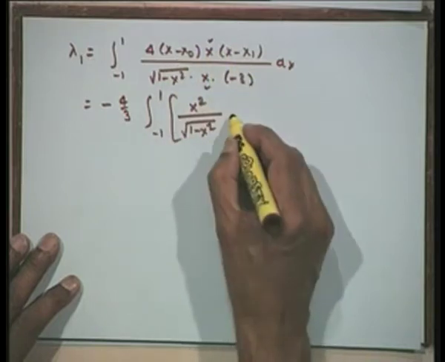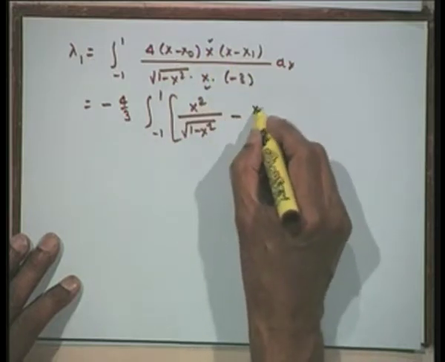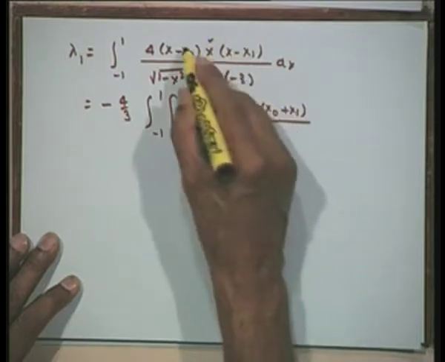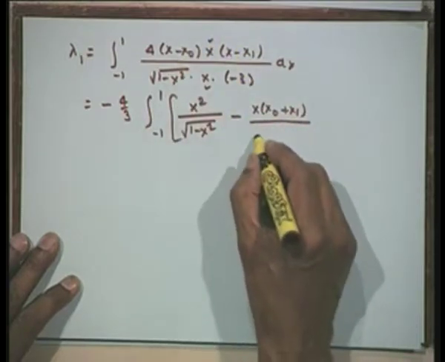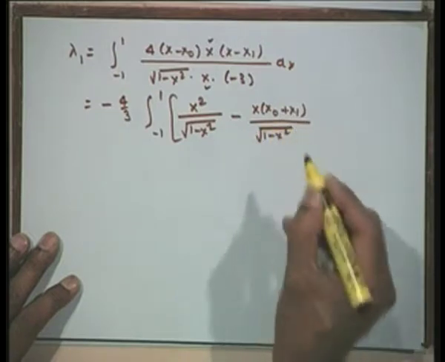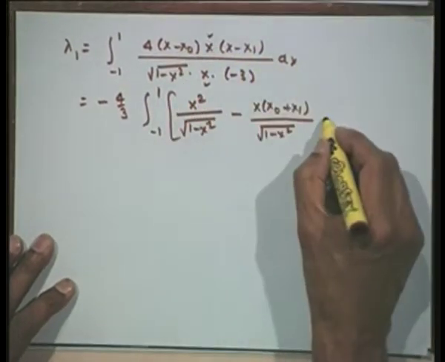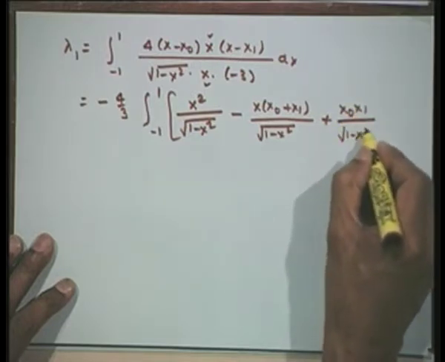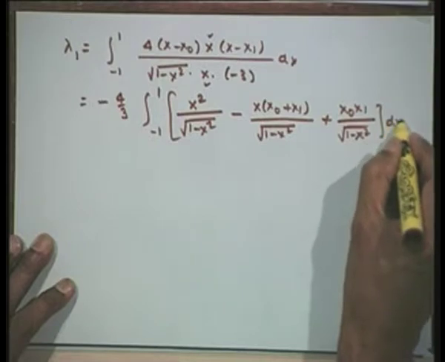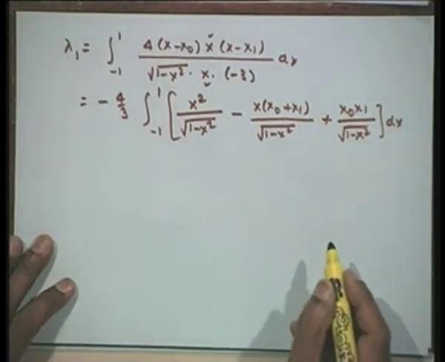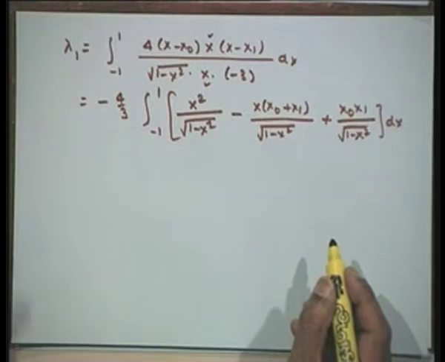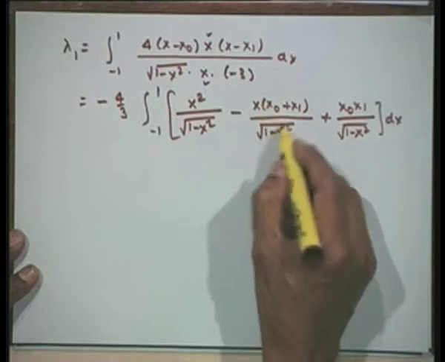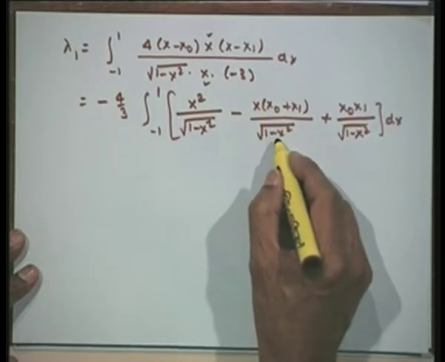Then multiplying it out, we will have here x into x naught plus x 1, the product of these two, divided by under root of 1 minus x squared, then the product of these two is plus x naught x 1 by under root 1 minus x squared dx. So we will have 3 terms in this case. Now this is an odd function, therefore the middle integral contributes 0.